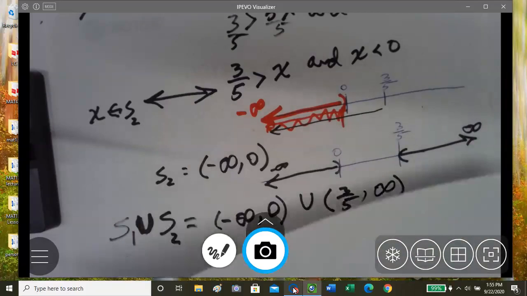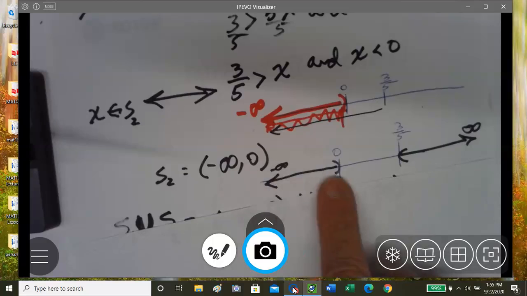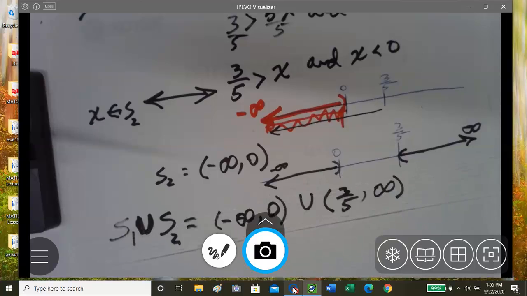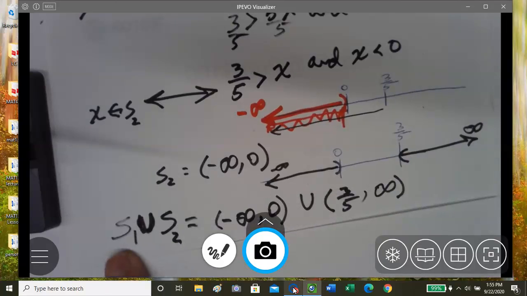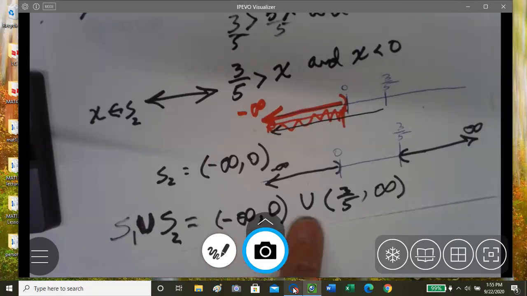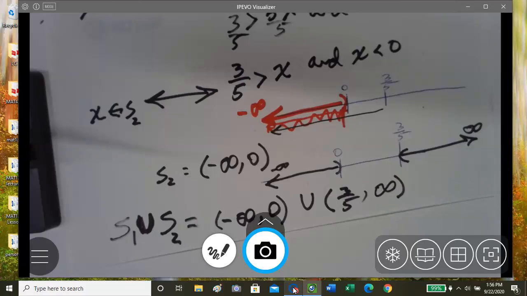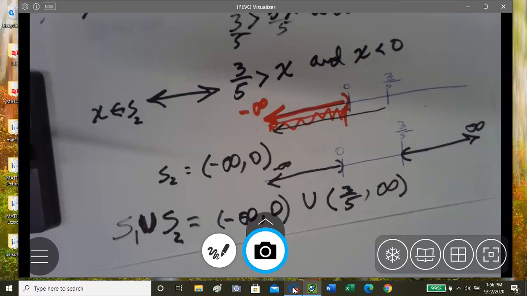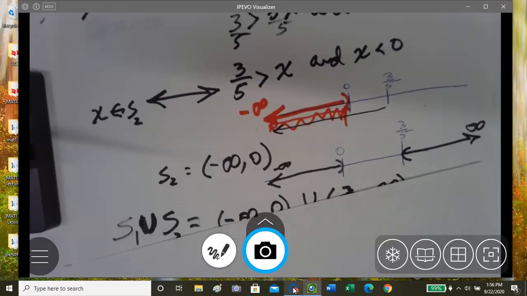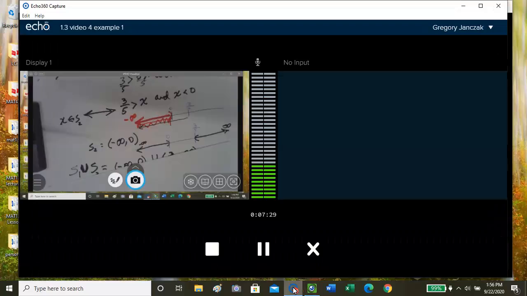And this one here, S2, is negative infinity to 0, so S1 union S2 is negative infinity to 0 union 3 over 5 to infinity. Okay, so we're going to have another example to give you more practice with that. And so that's the end of this video.